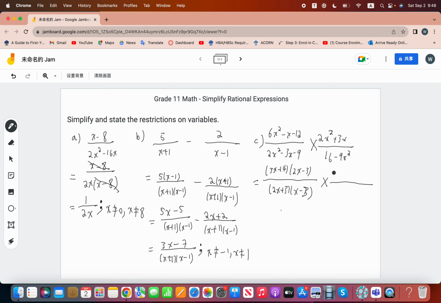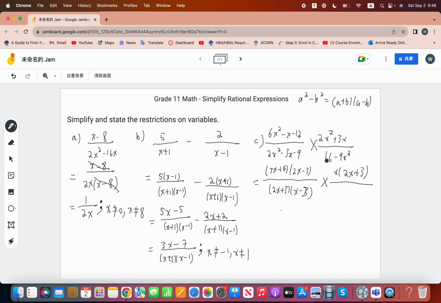Then I need to factor 2x squared plus 3x, so it's going to be x times 2x plus 3. Then I need to factor 16 minus 9x squared by using the special product: a squared minus b squared equals a plus b times a minus b.